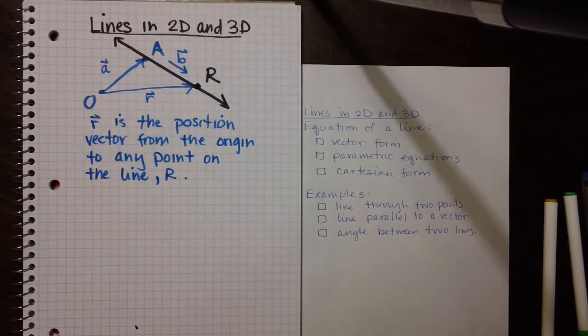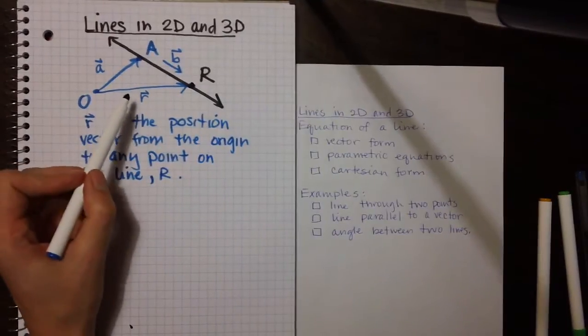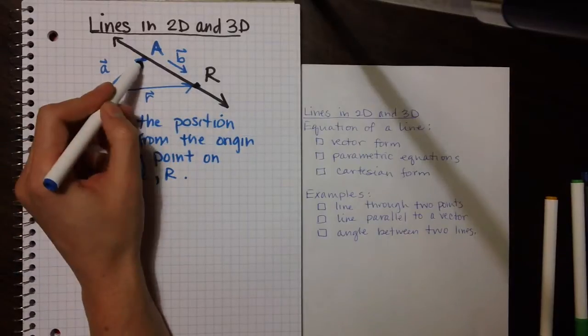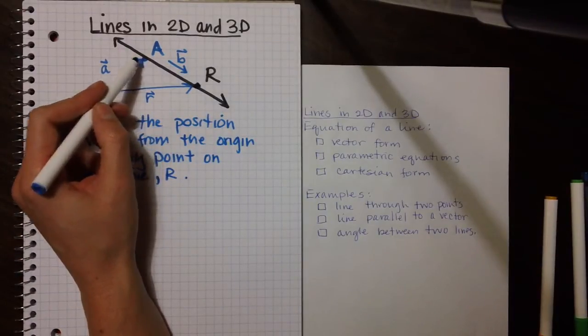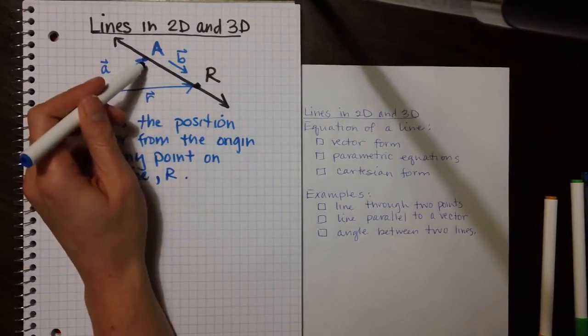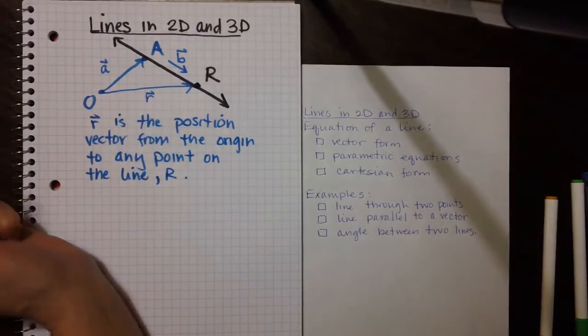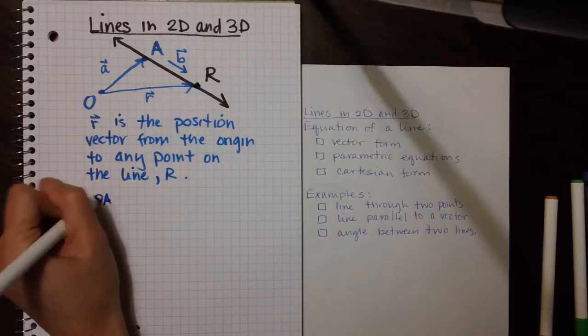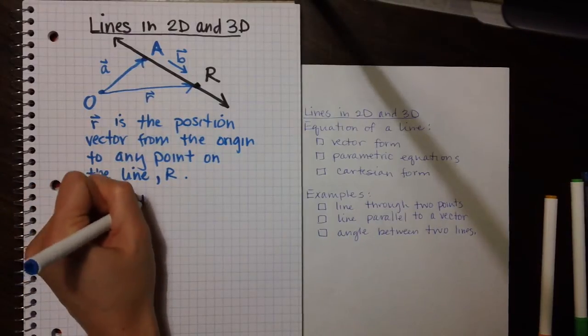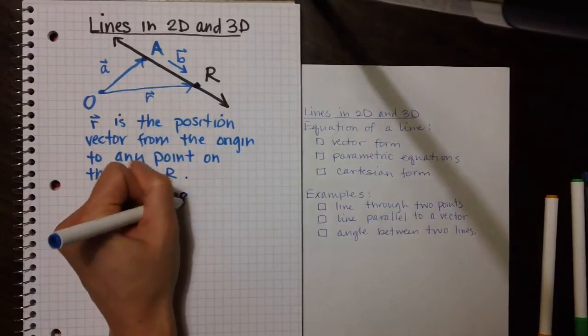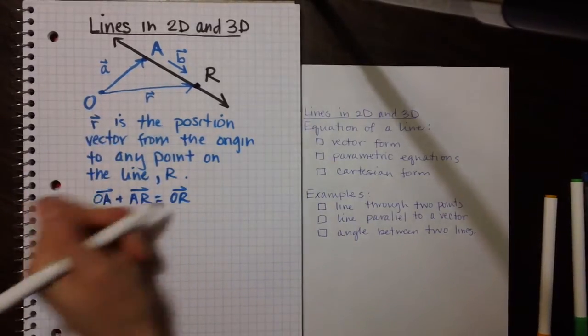So I can use what I know about vectors to write an equation for this position vector r. I know that vector OA plus vector AR is equal to this position vector r. OA plus AR is equal to OR, and OR is my position vector r.